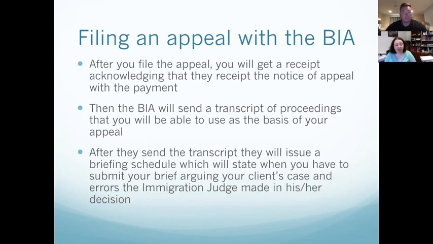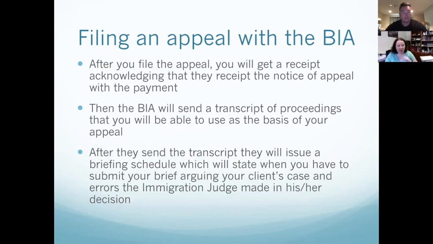And with the transcript, they send you a briefing schedule. It will state the date you have to submit your brief, and also the day the government has to respond to your brief. And usually the briefing schedule is pretty fast, so every person gets an automatic 21-day extension if you request it.